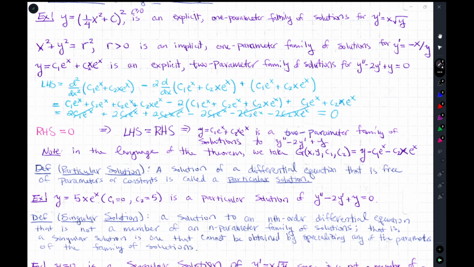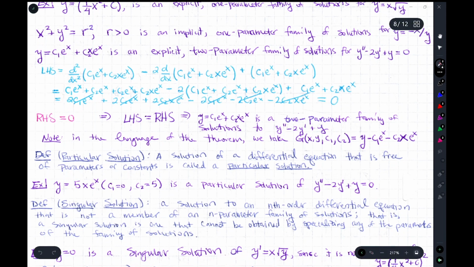It's not exactly contrary to this definition. It fits into it, but particular solution takes on a more specific meaning when we talk about particular versus homogeneous in the future. But for now, just see it as a particular solution being one where you fix the constants of the n-parameter family of solutions.